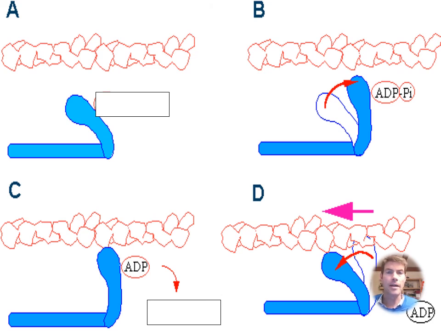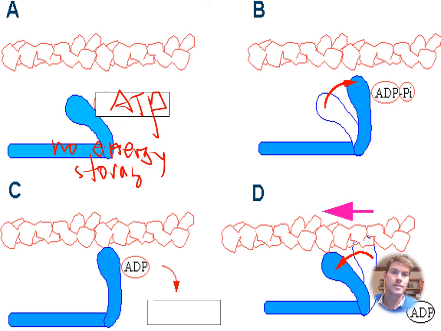And here's a diagram. This is ATP, but this is no energy. No energy storage here. None. It's just chilling. Here, you'll see that phosphate got released, so this is ADP now. Now this is storing energy.